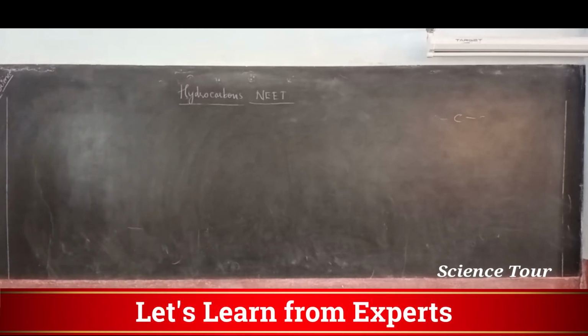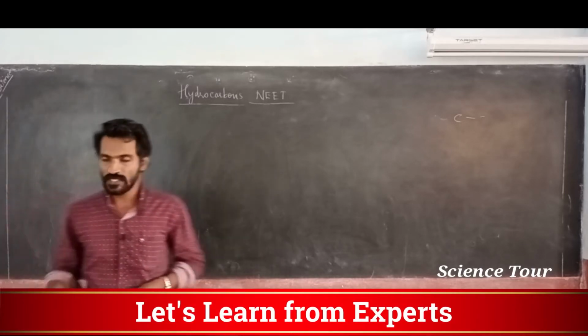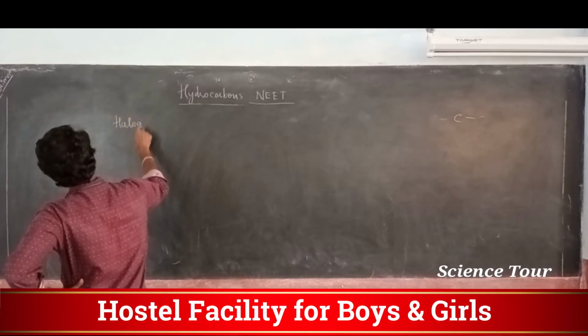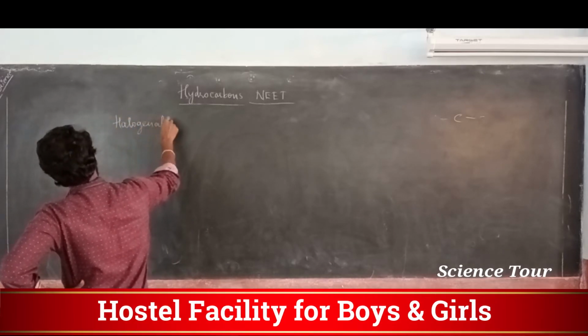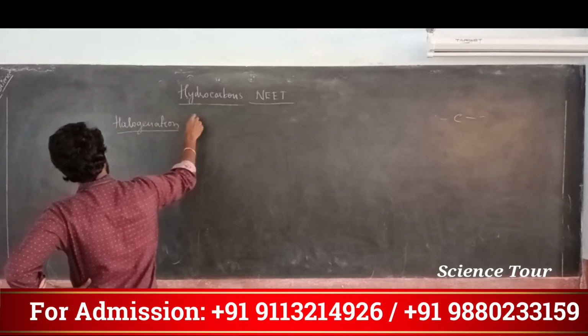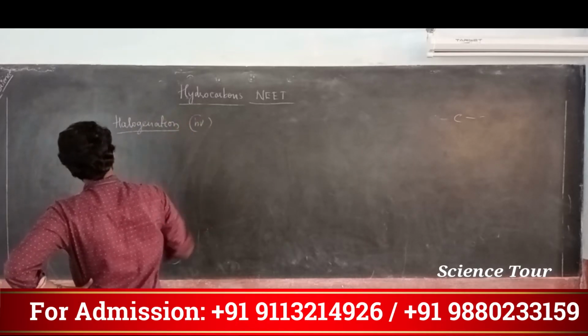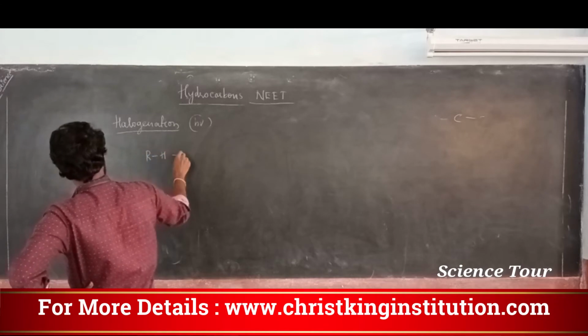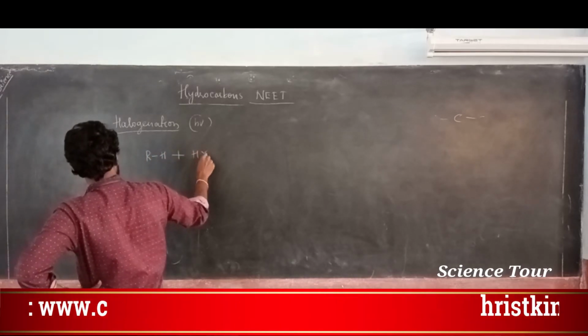Okay, my dear students, next we are going to discuss halogenation. Halogenation means adding halogen. This halogenation process takes place in the presence of sunlight, hν. What we are doing is we have taken alkane, which reacts with the halogen.